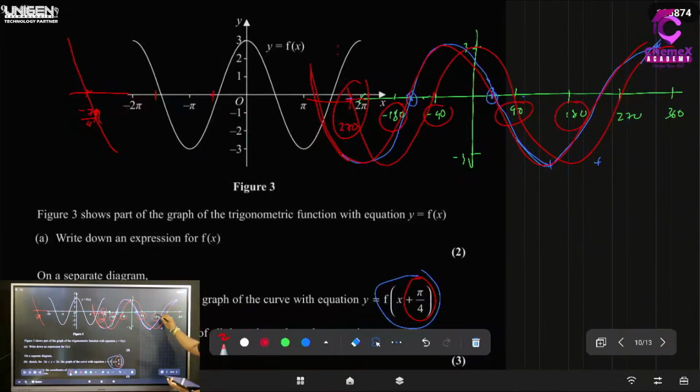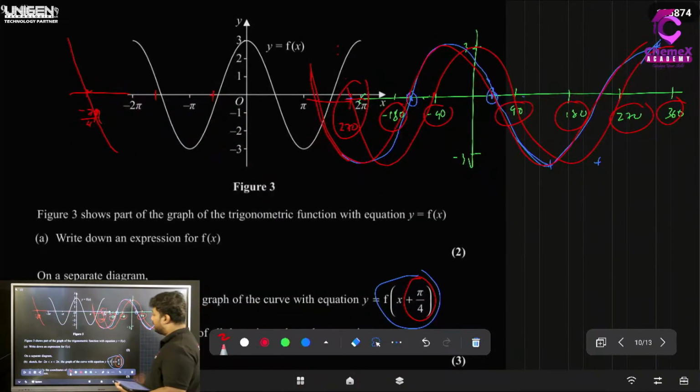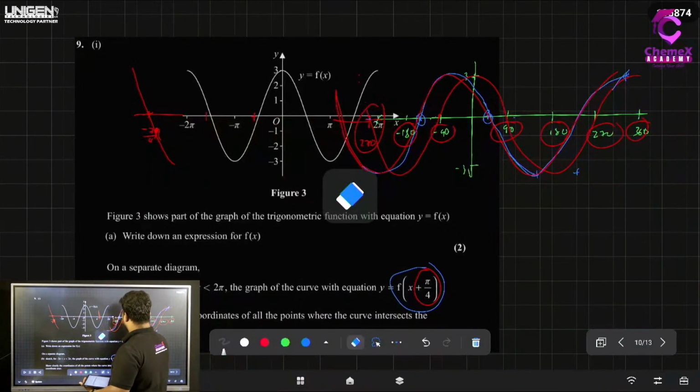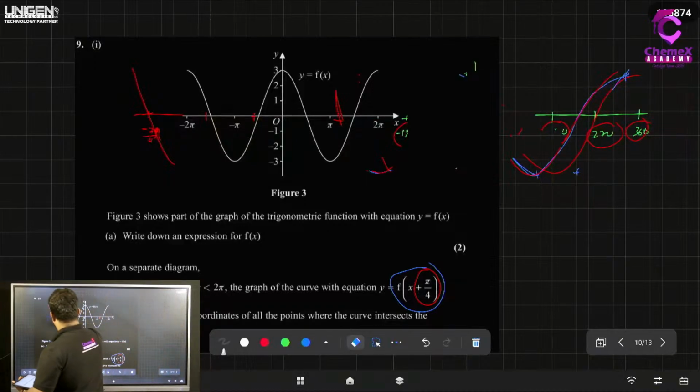Understood? I did it in degrees so that it's easy for you to understand. Any questions with that? If I just draw the final stage of it, you don't need this to explain. This is what happens if I draw it.